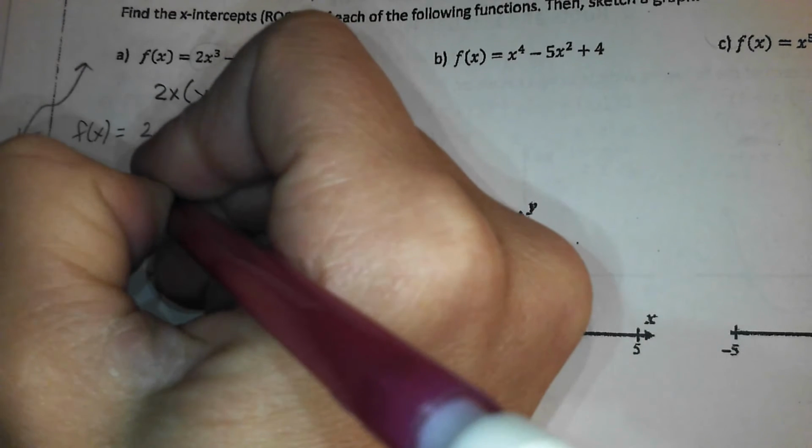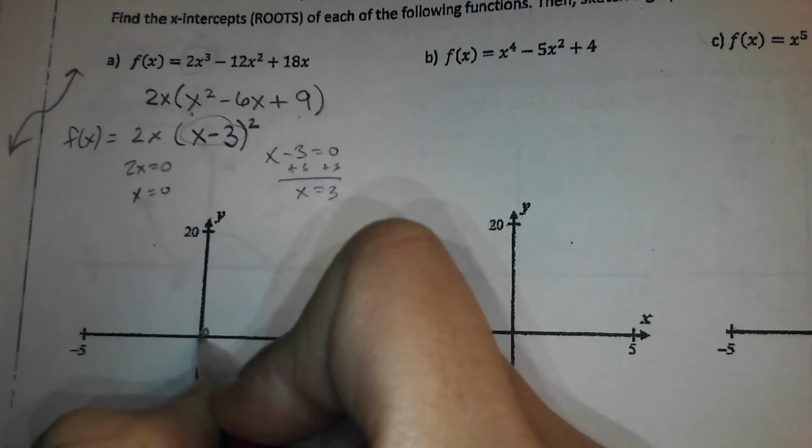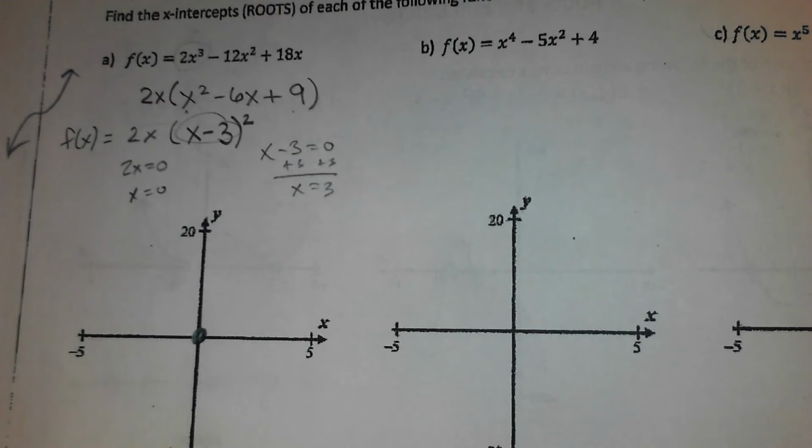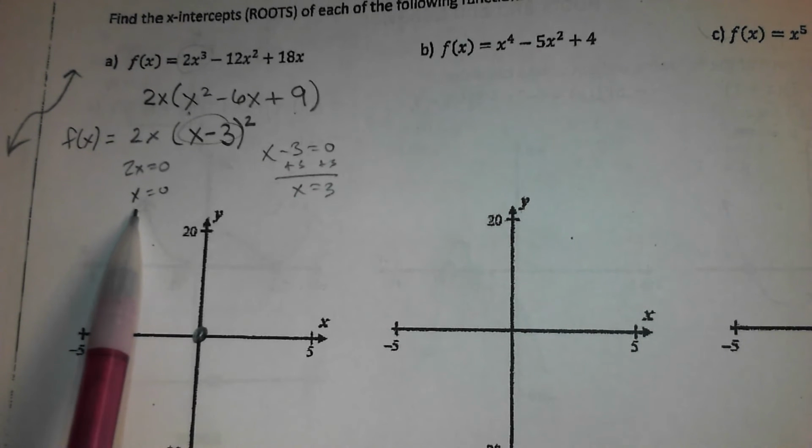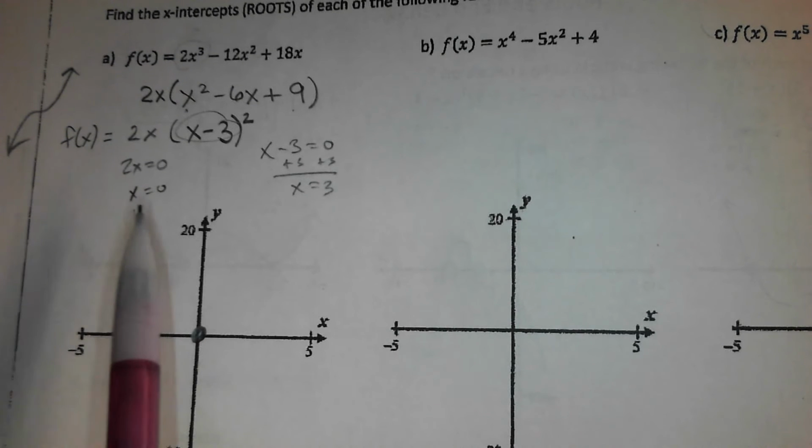So your roots are at 0. And is that a single, double, or a triple root? What do you think, Sierra? Is the 0 root a single, double, or triple? Single. So it's just going to cut straight through that.